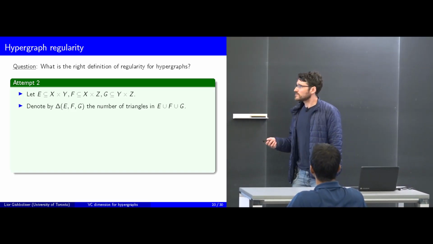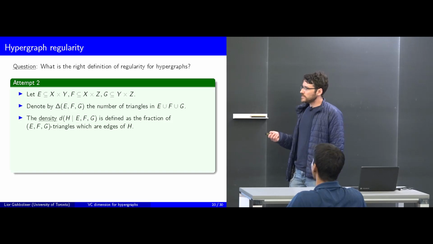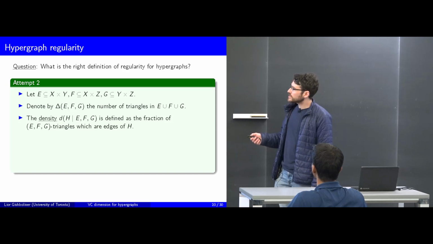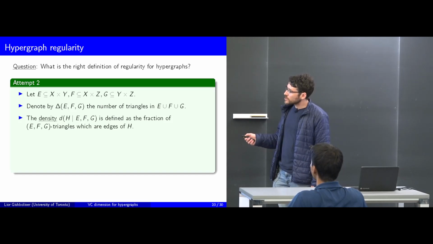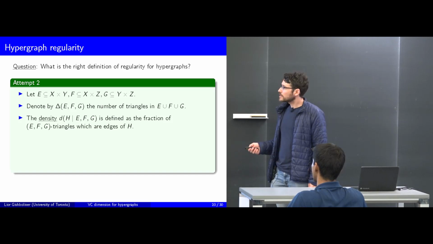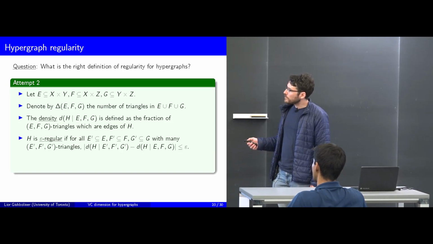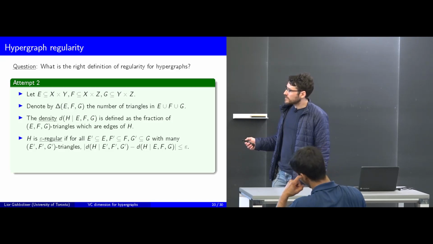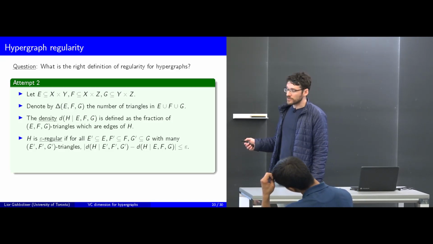So this will denote the number of such triangles, and what we will measure is the density of H with respect to these triangles, meaning how many of these triangles actually are edges of H. And regular will mean that if I pass to big subsets of E, F, and G, so E prime, F prime, and G prime, where big means that there are many triangles, then the density of H with respect to these sets is roughly the same as the density with respect to everything.